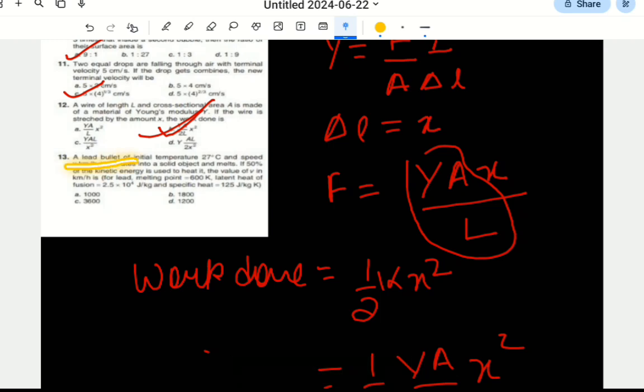Question number 13. The lead bullet of initial temperature 27 degree and speed of v penetrates into the solid object and melts. If 50% of the kinetic energy is used to heat it, the value of v in kilometer per hour is. Okay, 50%.